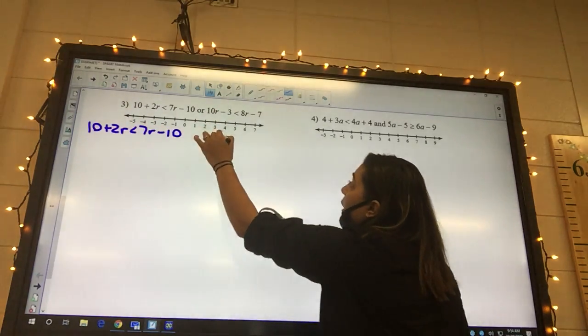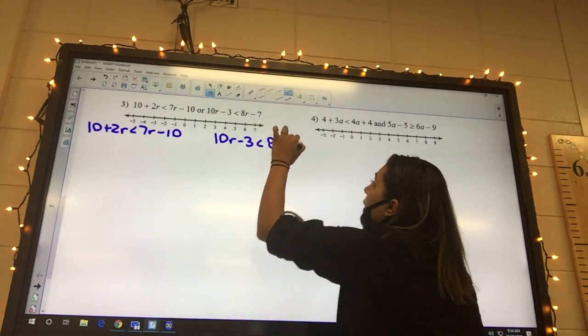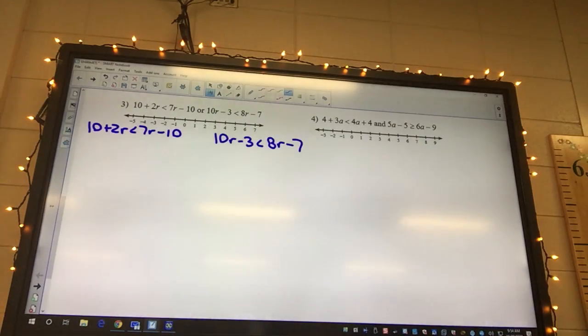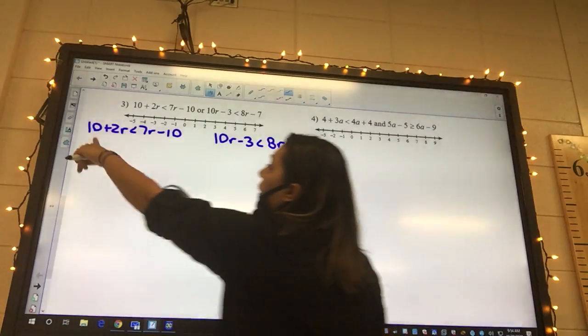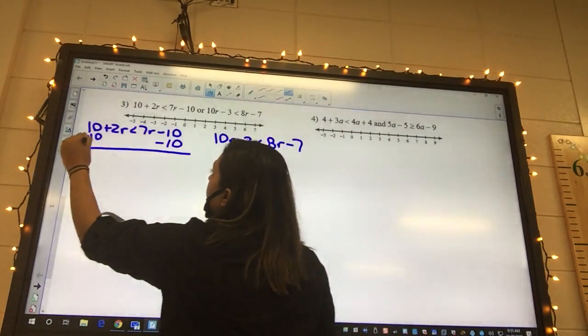And then for the other one, I got 10r minus 3 is less than 8r minus 7. Okay, we gotta move our letters to the left and our numbers to the right. So the 10, it's a number, it needs to move, so minus 10, minus 10.